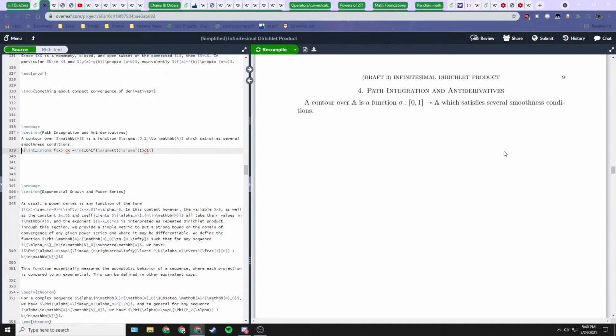So eventually what we want to build up to is our definition of contour integral. Yeah, that's what we're building up to, and hopefully it'll be nice enough that people can use it really easily.